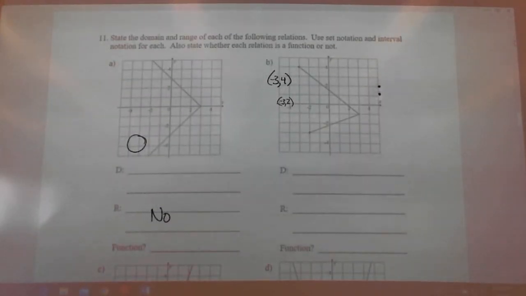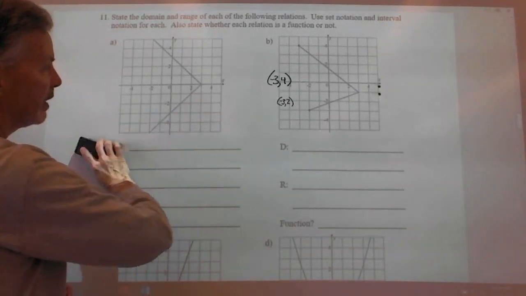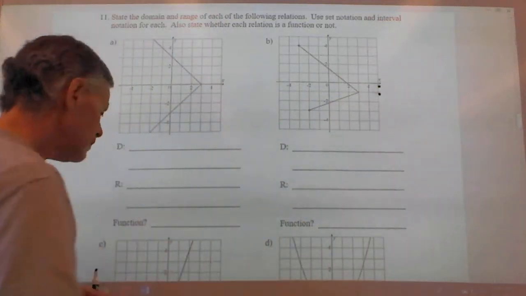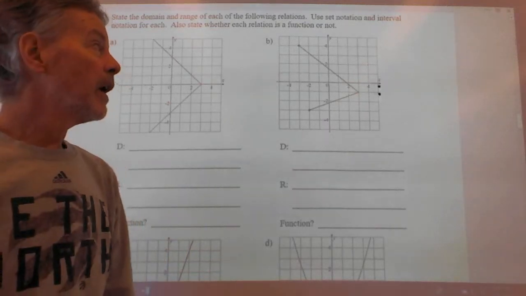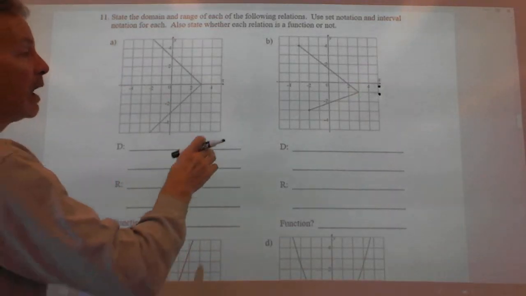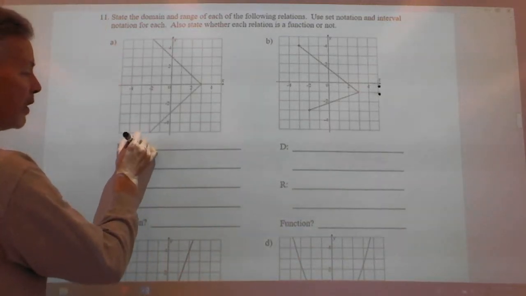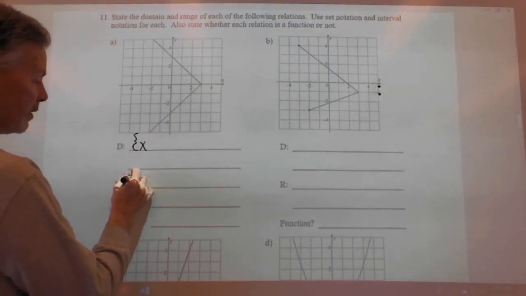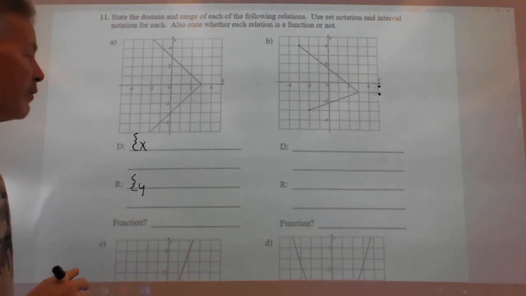The last thing we're going to take a look at today is set and interval notation to list domain and range. Now remember, set notation always has an x or a y, depending on whether you're talking about domain or range.